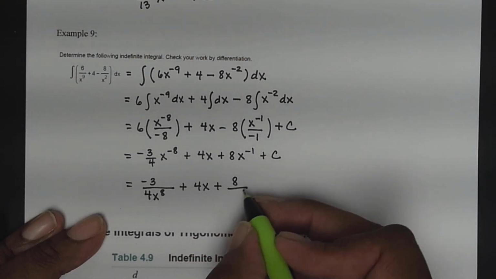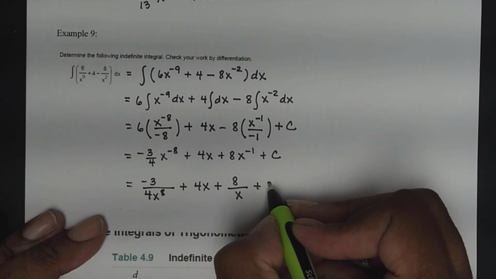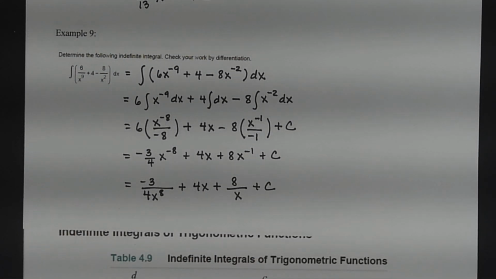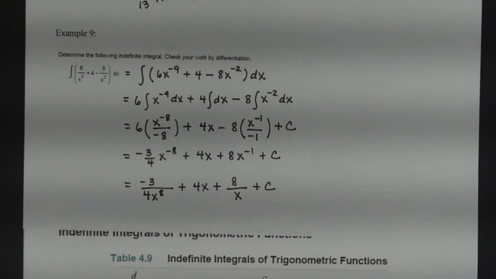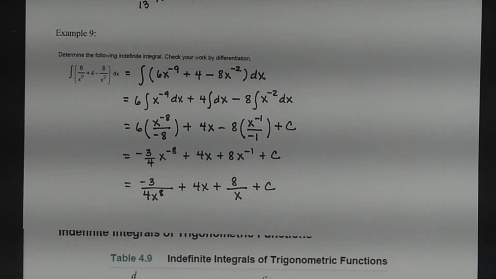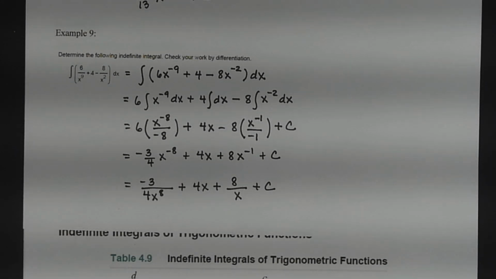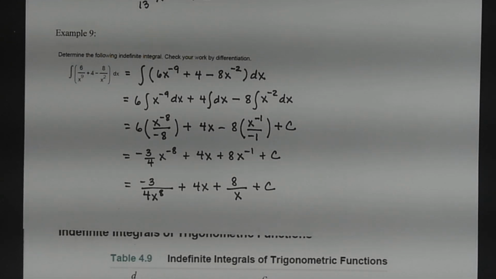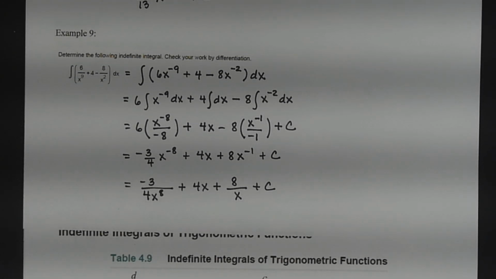That x to the negative 1, if I put that in the denominator, it will just be x to the 1, or just x, plus c. So this is what your integral will be for the integral of 6 over x to the 9th plus 4 minus 8 over x squared: negative 3 divided by 4x to the 8th plus 4x plus 8 divided by x plus c.